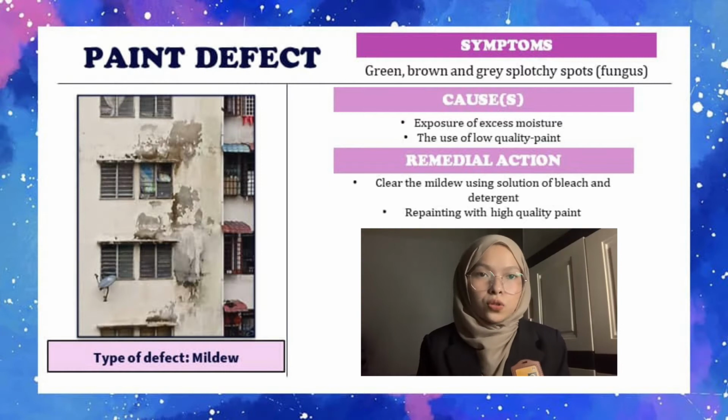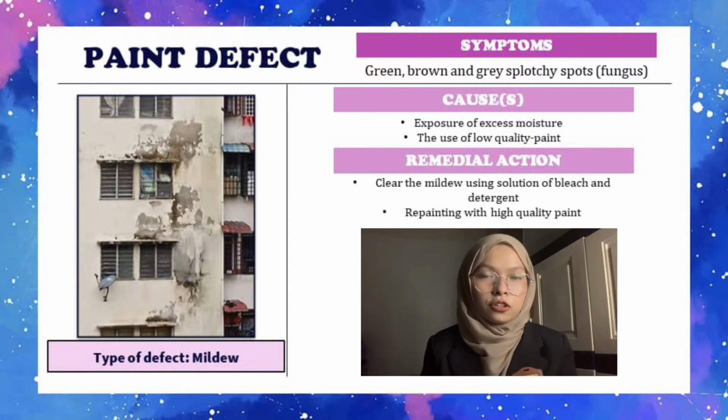The second one is also a paint defect, and the type of defect is mildew. The symptoms are splotchy spots in green, brown and grey color spotted on the painted walls, which are fungus occurring at the rear side of block 2.